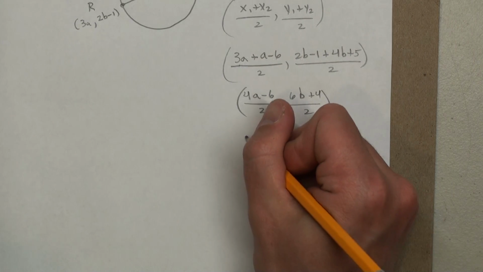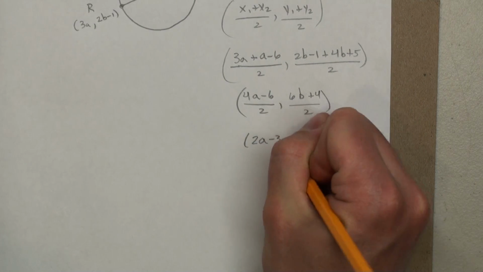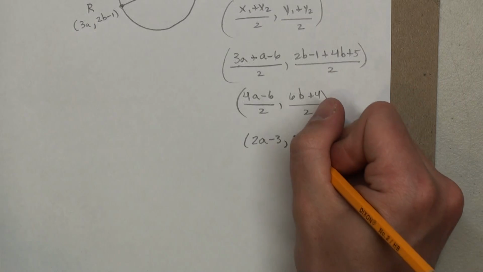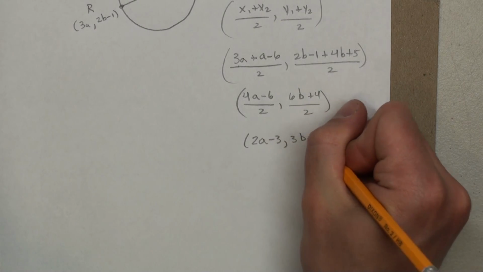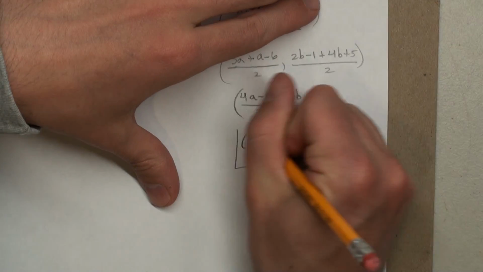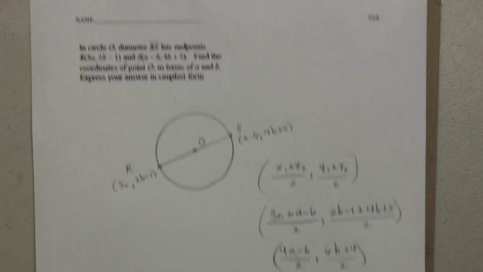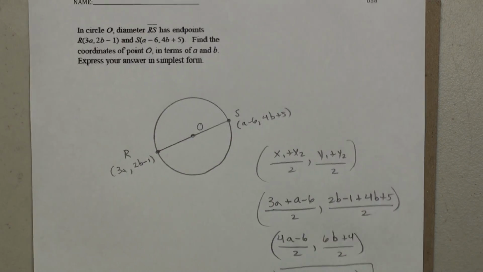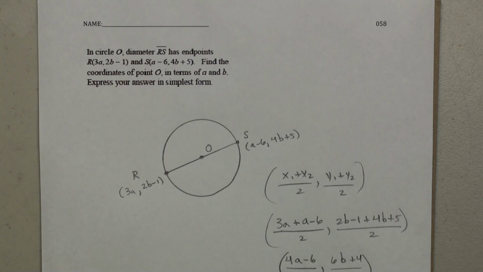Divided into both, you get 2a minus 3, comma, divided into both, 3b plus 2. That's as far as you can go, okay? And that's it for now.